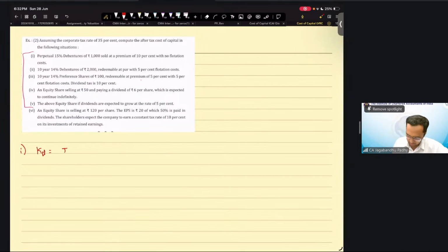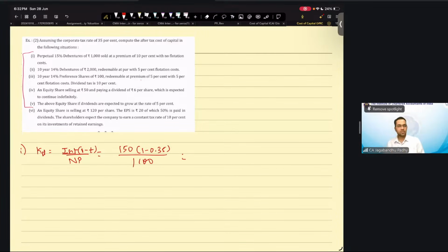So Kd is interest into 1 minus T upon net proceeds. The first one is going to be 150 into 1 minus 0.35, and it is perpetual and sold at a premium of 10%, so 1100. So that's 150 into 0.65 divided by 1100, which is 8.86%. Yes.